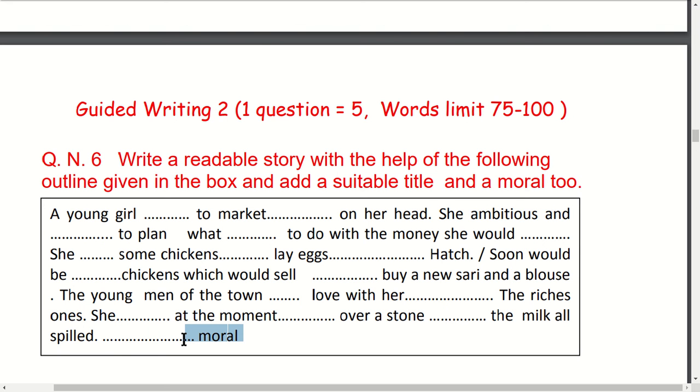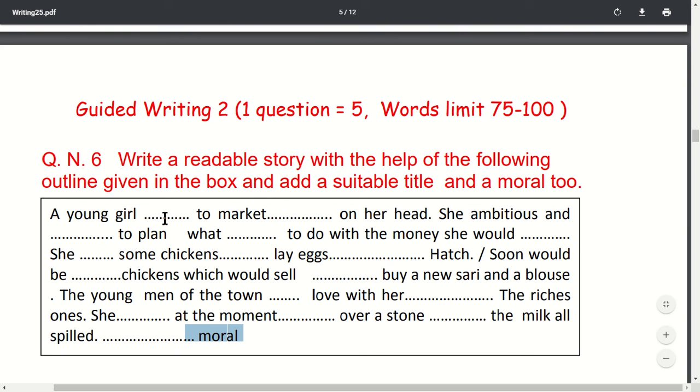Okay, by studying the outline, you should first of all read the outline and try to understand it, and keep in mind what the story will be about. Please keep in mind this is not an exercise for filling in the gap.